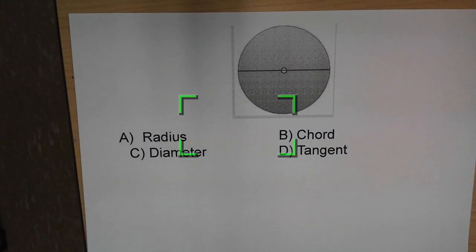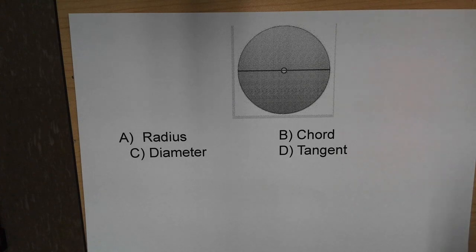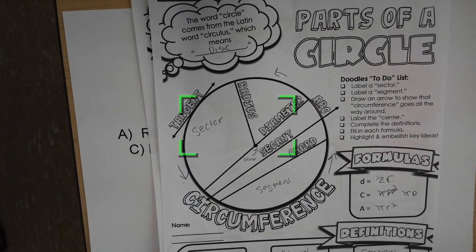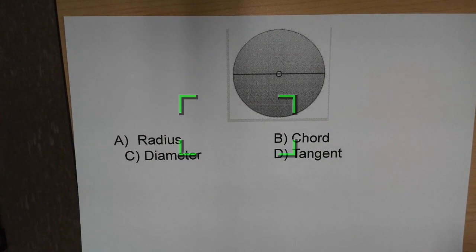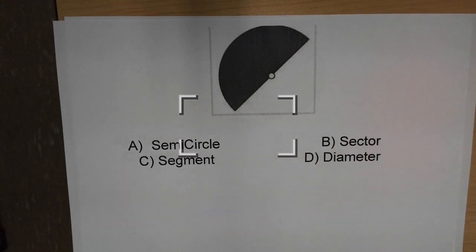Okay, so based off of our notes, let's practice identifying different parts of a circle. So what part of a circle is the following? Well, if you look back at your notes, you can see that it's a diameter. So it's C, diameter. So this one wasn't in our notes, but you might be able to figure out what it is.